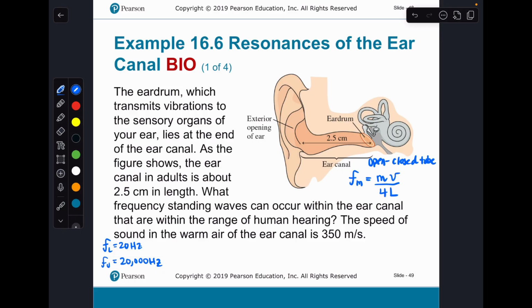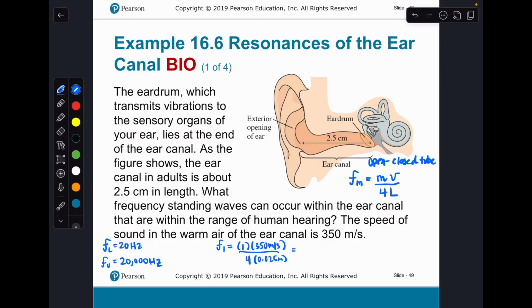So all we need to do is find out what frequency of standing waves can occur within the ear canal. And so we'll just cycle through the modes, right? Starting off around 20 and stopping when we get to 20,000. So let's take a look at mode 1. And let's make sure that we report this in meters, which is 2.5 centimeters is 0.025 meters.